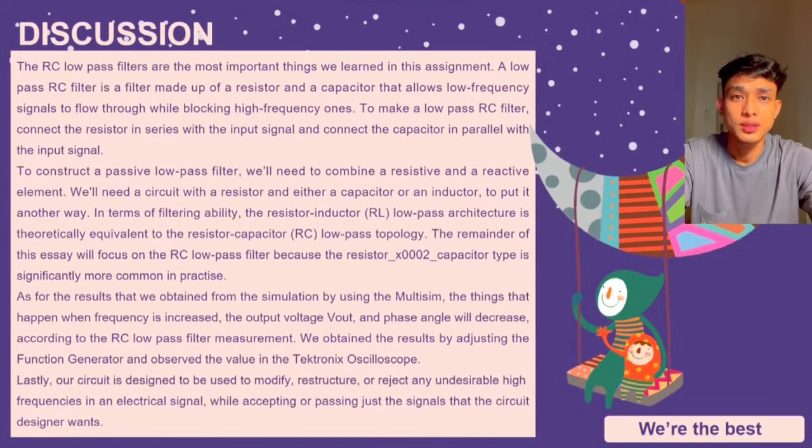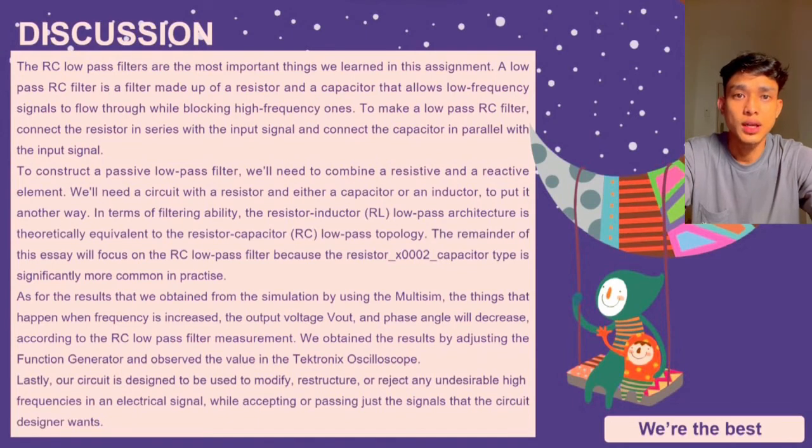To construct a passive low-pass filter, we will need to combine a resistive and a reactive element. We will need a circuit with a resistor and either a capacitor or an inductor.